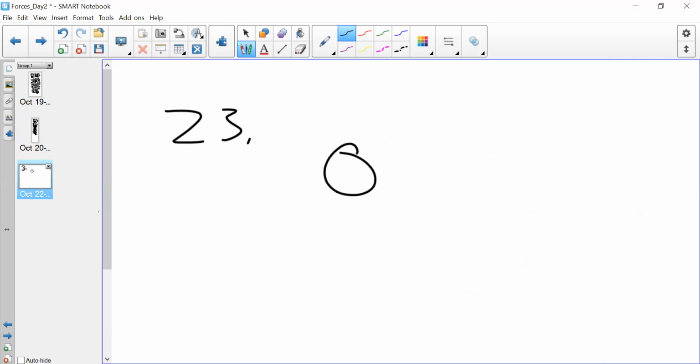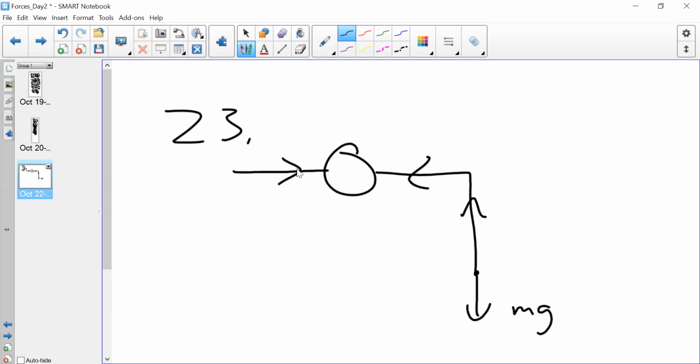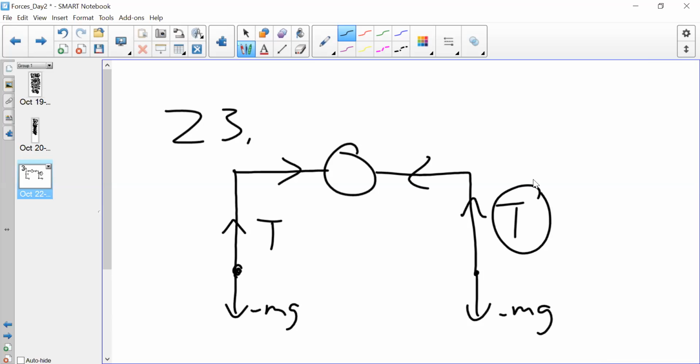Just kind of crudely draw this. So tension goes back up. Anybody want to do that? What is the tension value? What do you think the spring is going to read?